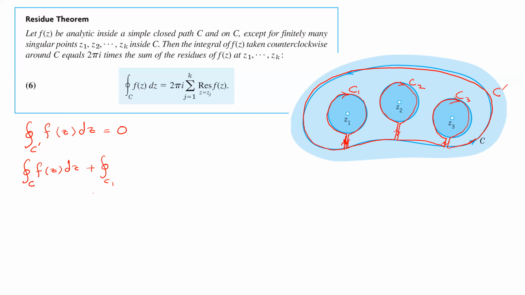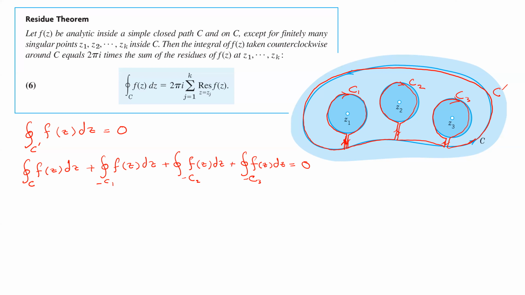Actually, we're going counterclockwise, so maybe call it negative C1, f(z) dz, plus the integral over negative C2, f(z) dz, plus the integral over negative C3, f(z) dz, and that is equal to 0, right?